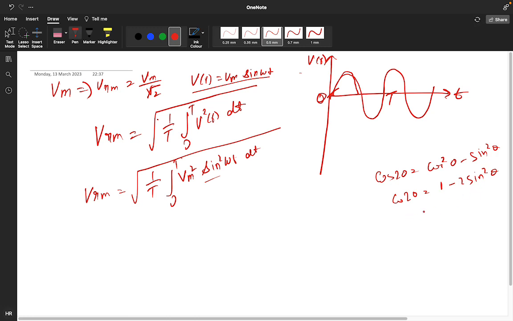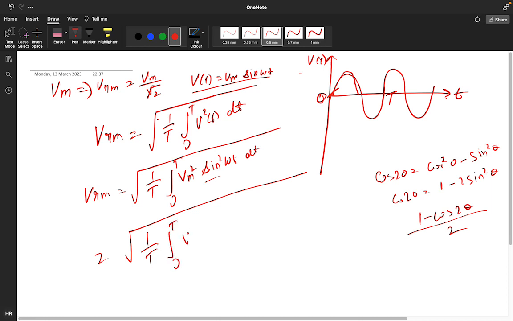So sine square theta is 1 minus cos 2 theta divided by 2. Put this in: 1 upon T, integral 0 to T, Vm square into (1 minus cos 2 omega t) divided by 2 into dt.